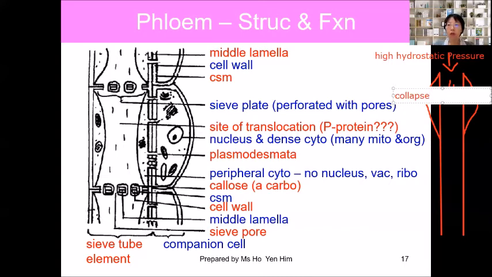Okay, so how to prevent this from happening is if we can hold the two walls together at a certain junction, like this, right? Using the sieve plate. Then at a fixed distance away, we have a sieve plate. Then we will prevent the wall from collapsing outwards because of the high hydrostatic pressure. So therefore, the sieve plate is there to hold the wall to prevent the wall from collapsing outwards due to the high hydrostatic pressure. Okay.